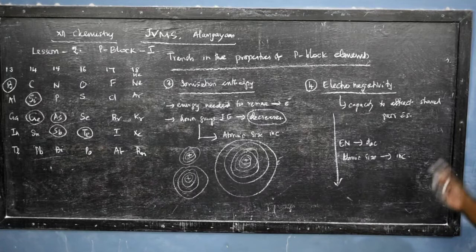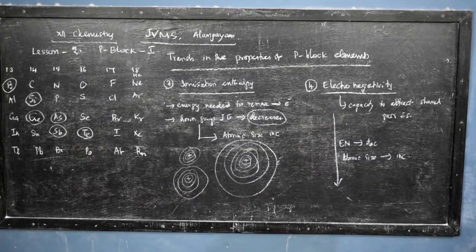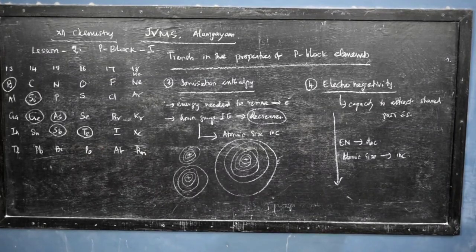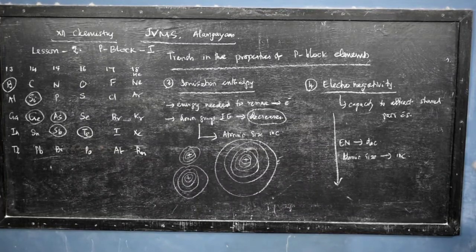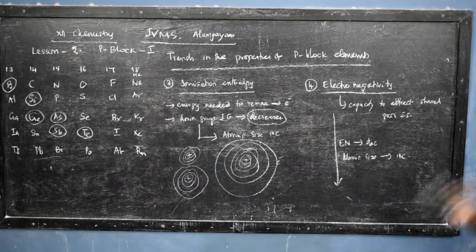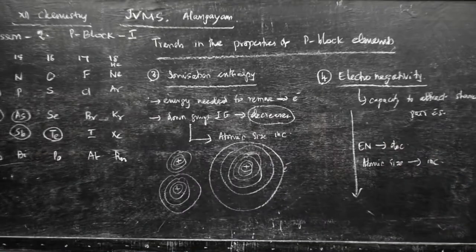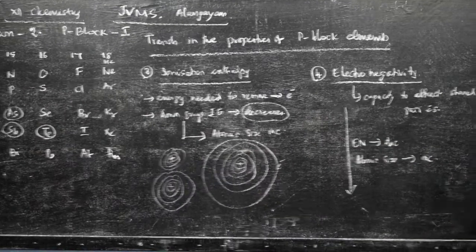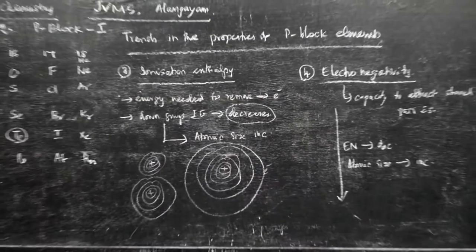So far we have discussed four properties. First is electronic configuration and oxidation state, the second is the metallic character, the third is ionization enthalpy, and the fourth is electronegativity.